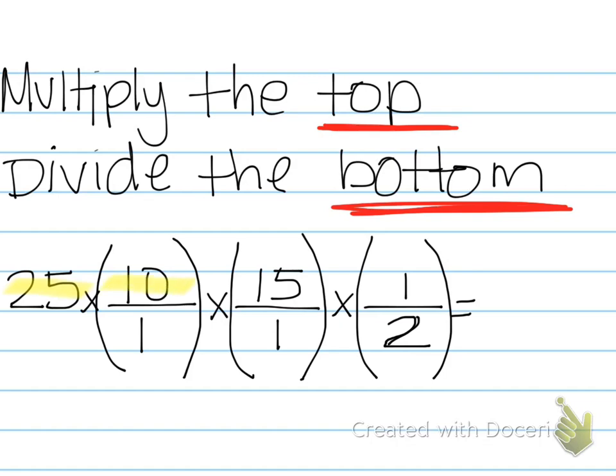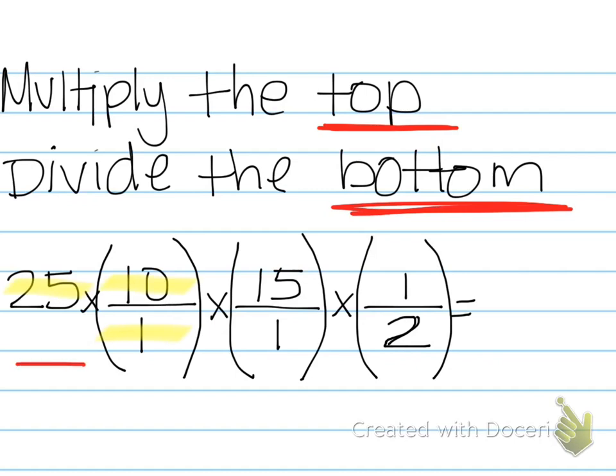So 25 times 10, do this problem with me as you're going in your calculator. 25 times 10 is going to give us 250. But I also have a number on the bottom. That's a 1. Whenever you divide by 1, you get the same number. So essentially I am dividing by 1. Really no reason for us to put that in our calculator because we know what that's going to give us. Still at 250.